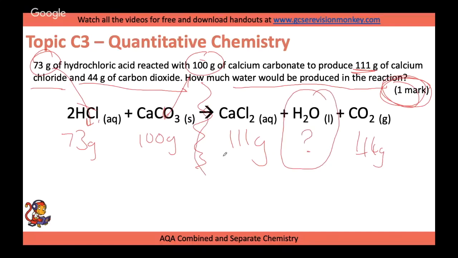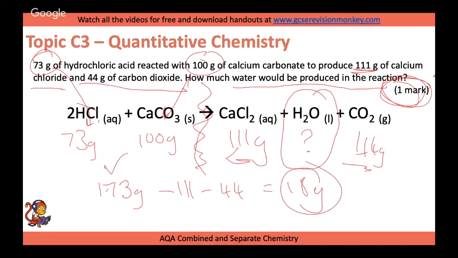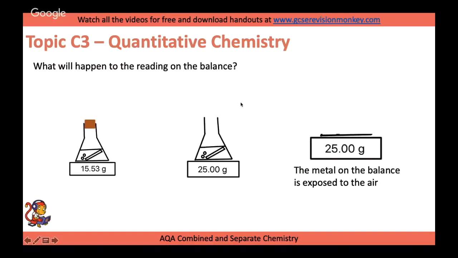And if everything on the left needs to equal everything on the right, reactants equal products, then everything on the right must equal 173 grams, because that's what the left equals. So if you do 173, take away 111, take away 44, will give you 18 grams. So just 1 mark, a simple calculation for foundation that they make look very difficult.